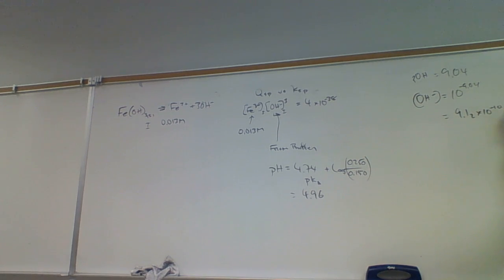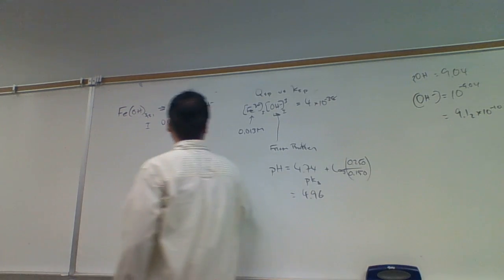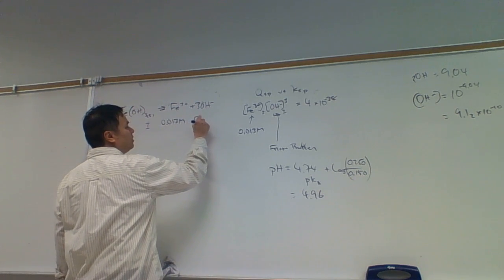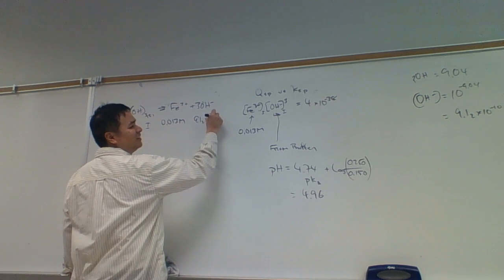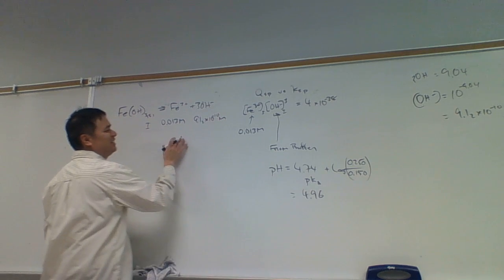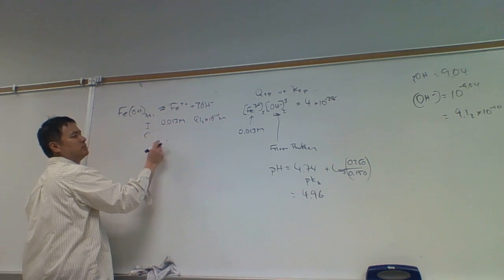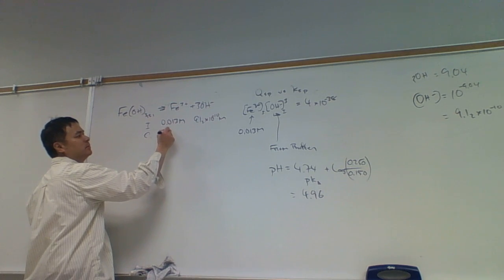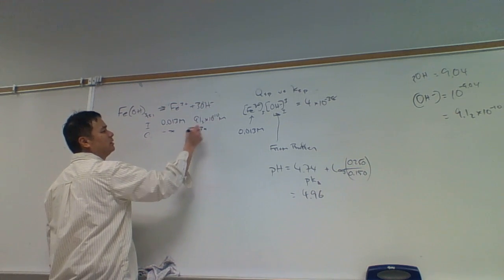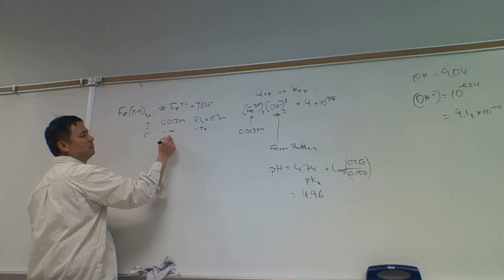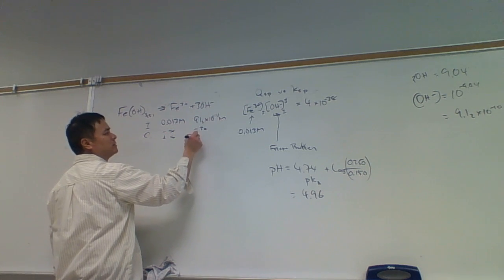And so what we're doing here is we're going to plug that in, 9.12 times 10 to the negative 10 molar. We have three choices for the change. This is going to shift left, that is, minus x, minus 3x. Or it's going to shift right, plus x, plus 3x.